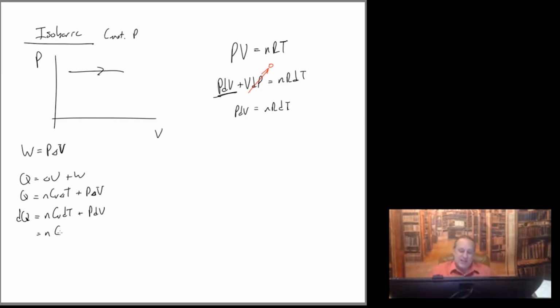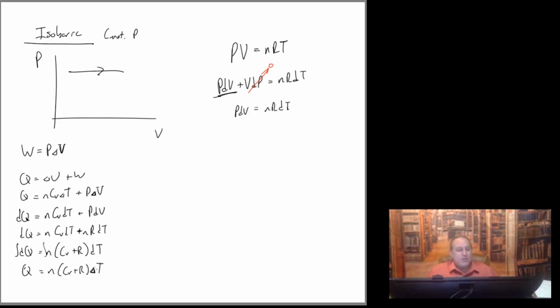We get N CV dT plus nR dT equals dQ. So dQ equals N times (CV plus R) times dT. And if we integrate both sides, we get Q equals N times (CV plus R) times delta T.